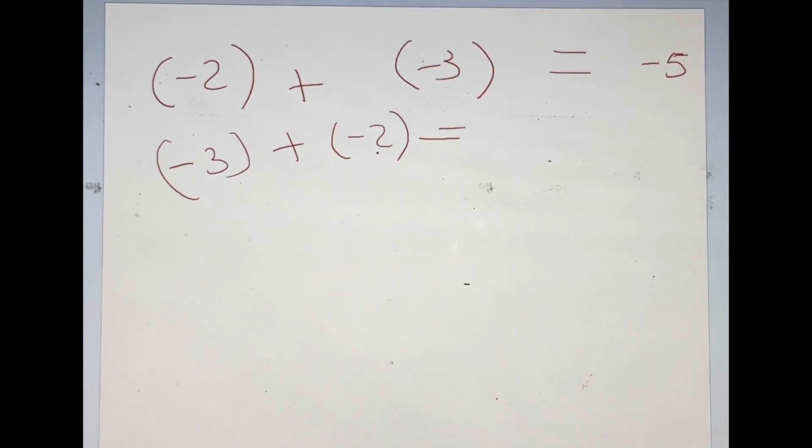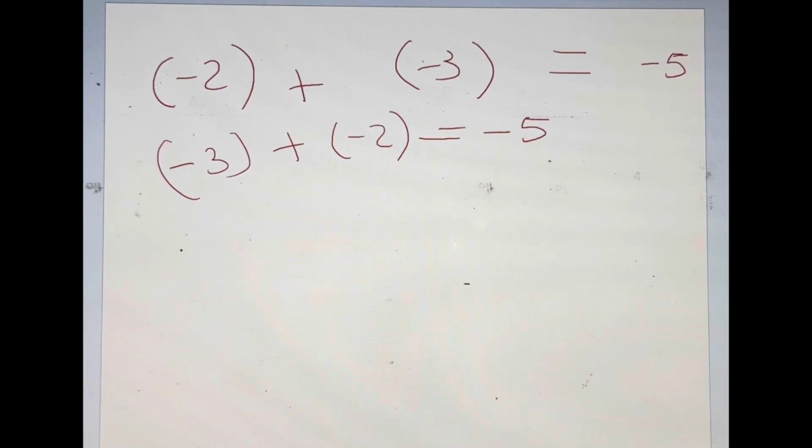Again both are negative and we are adding. So 3 plus 2 is 5 and the sign of the greater, so the answer is minus 5. So if we take both numbers as negative, the answer remains the same even if we change the order. Now let us see the same example using the token model.